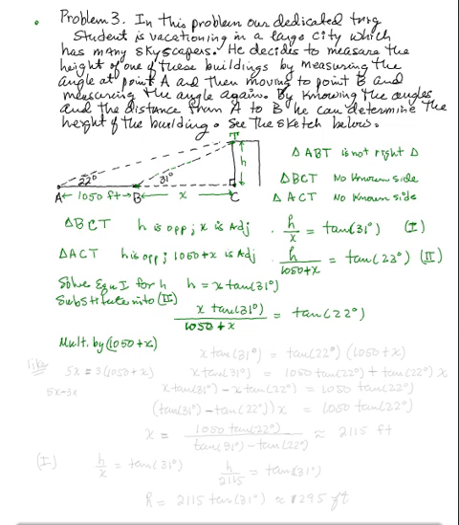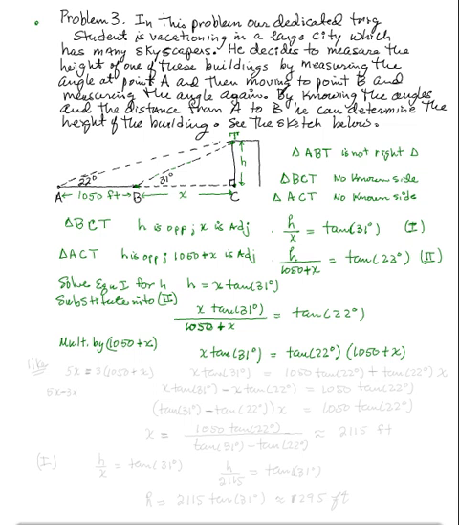If I do that on the left-hand side, all I'll have left is x tangent of 31 degrees. And on the right-hand side, I'll have tangent of 22 degrees multiplied by the quantity 1050 plus x.